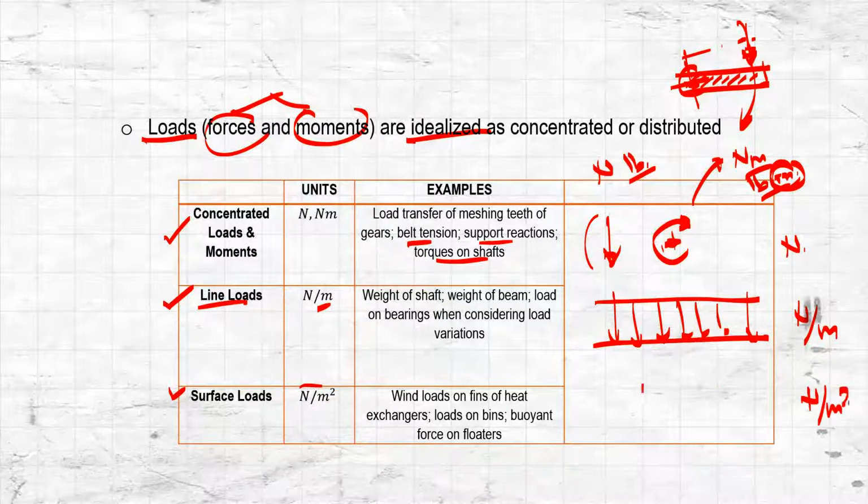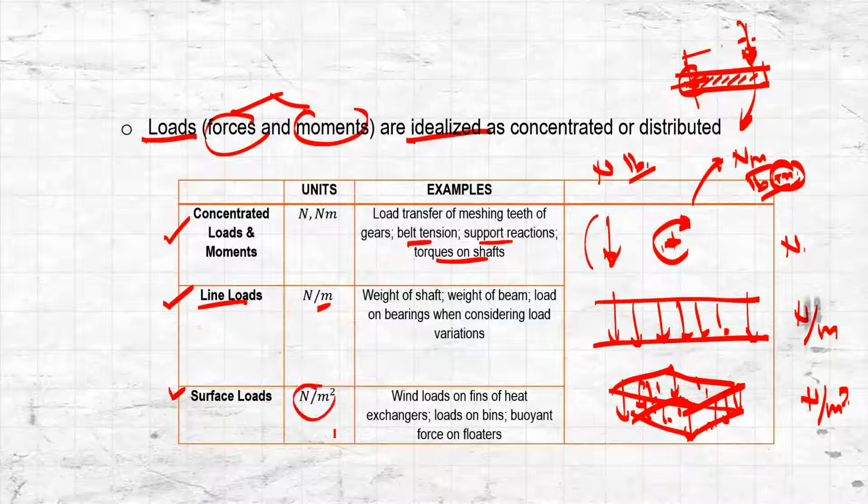Okay, so that means that the forces or the loads are acting on an area. Over an area, so that's why the unit is Newton per meter squared. So where do we see these surface loads? That's a typical idealization for, let's say, wind loads on fins of heat exchangers. Also the loads on walls, like for example in silos.